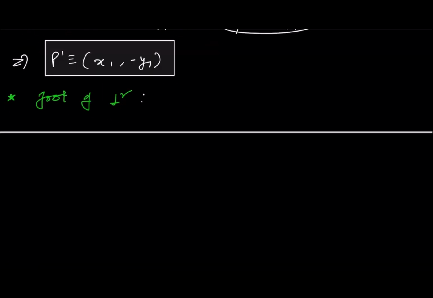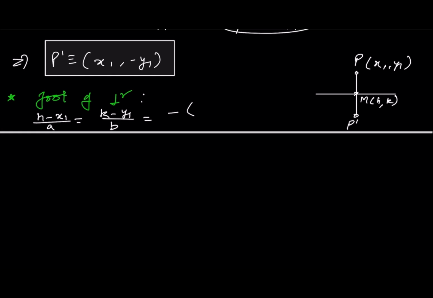For foot of perpendicular we also have the formula: let us say this is (h, k), and the point is (x1, y1). So (h - x1)/a = (k - y1)/b = -(ax1 + by1 + c)/(a² + b²).